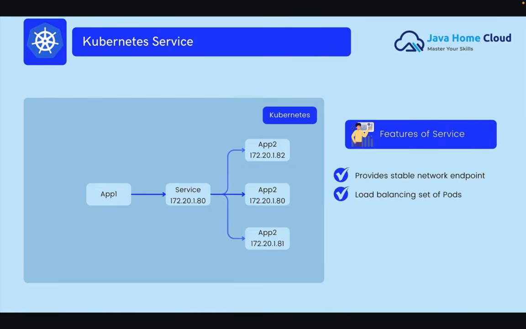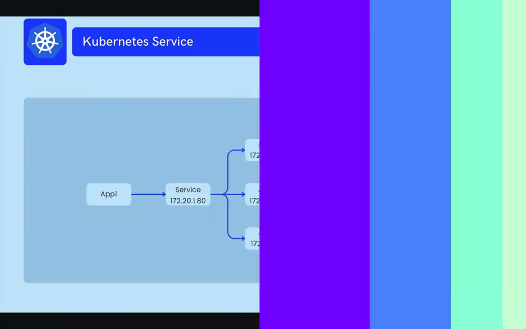Number 2, load balancing a set of pods. Because of autoscaling, we want to scale out when load increases and scale down when load decreases, so those pods can be load balanced by the service. Number three, a service can help us expose applications to the outside world.